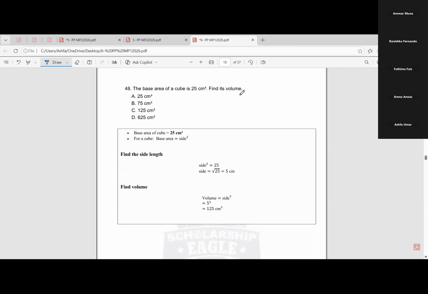Here it's given the base area of a cube and we have to find its volume. The question gives the base area and not the side, so first find the side. Since the area is the side squared, you can get the length of the side.